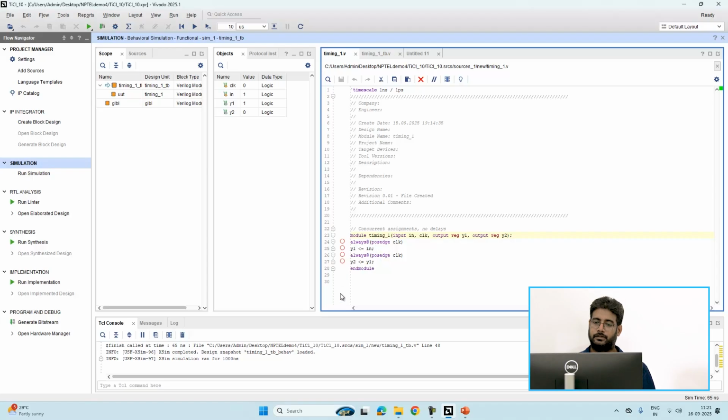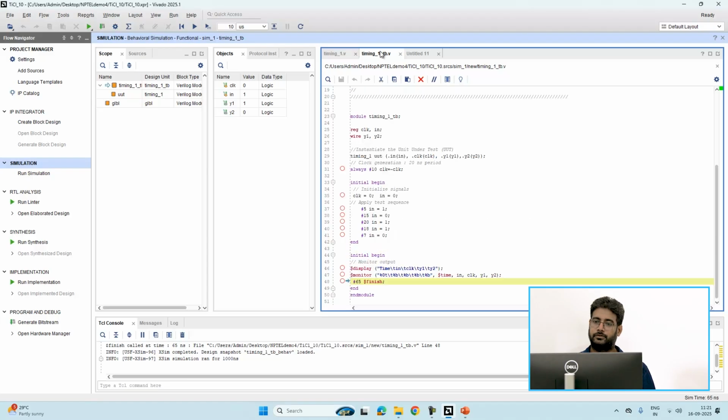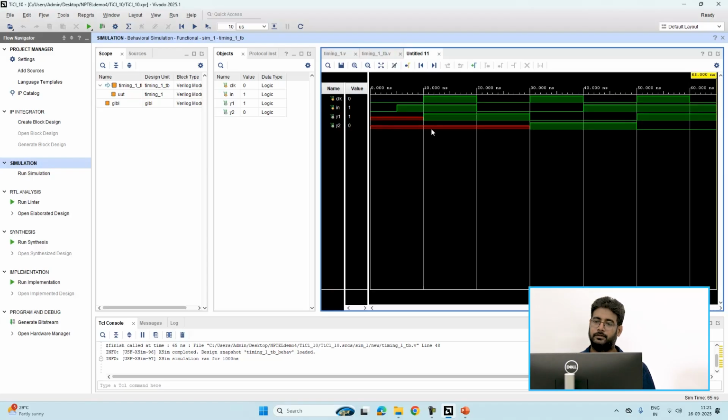So y2 will show the previous value only up to here. Only at the next positive edge of clock will the assignment happen, and this y2 will show the value of y1.